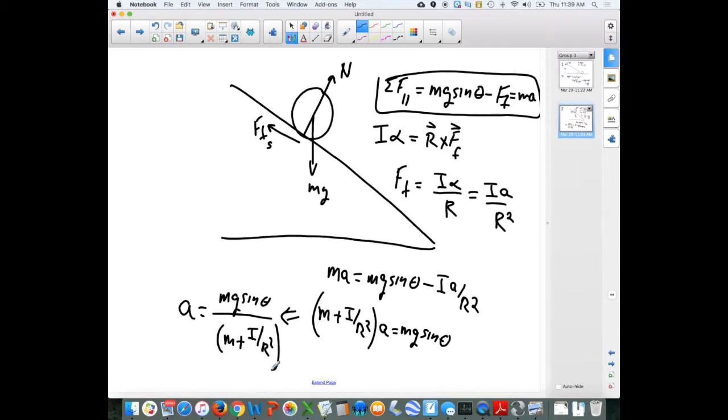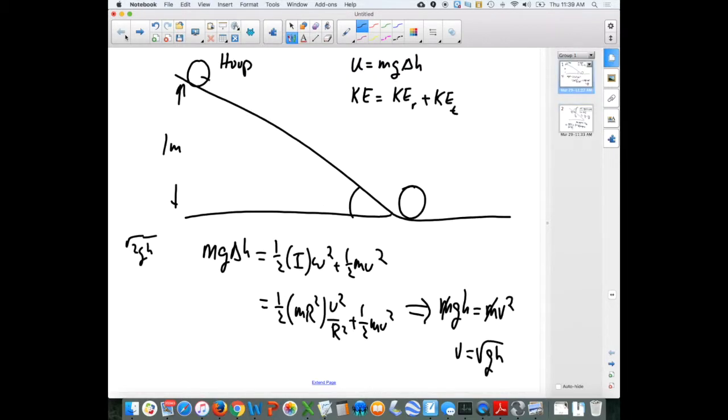And if I go back and compare this to what I got in the previous problem, remember we came up with an expression that looked like v is equal to root gh, and the idea was that that was the energy of, in this case, a hoop going down an incline.